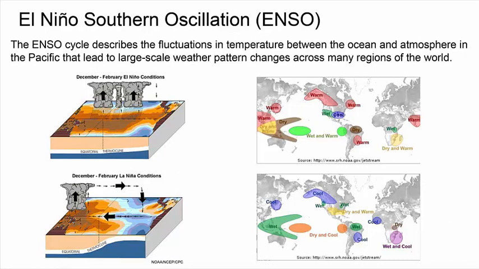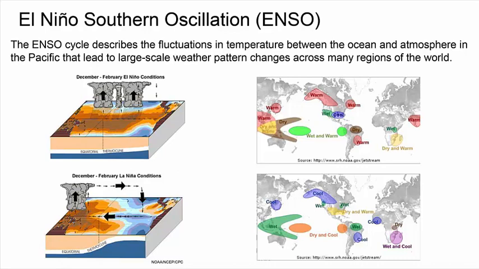And because you have easterly winds blowing from east to west, during the El Nino phase you weaken these winds, and this is related with enhanced precipitation across the equatorial Pacific.